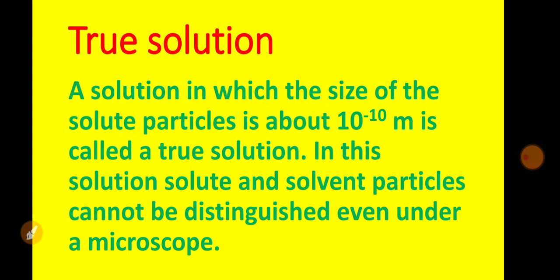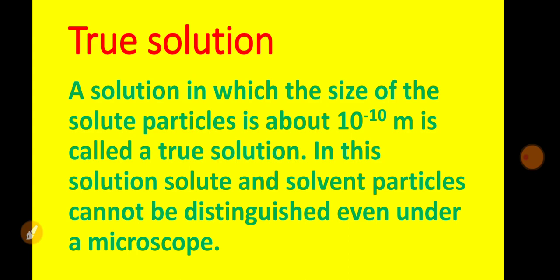Whereas for the true solution, the particle diameter is less than 10 to the power minus 7 centimeter, or you can say it is 10 angstrom. But according to your book, a true solution is a solution in which the size of the solute particle is about 10 to the power minus 10 meter.